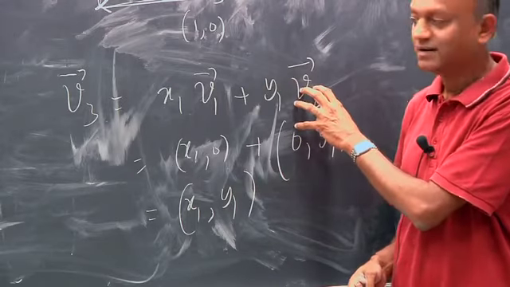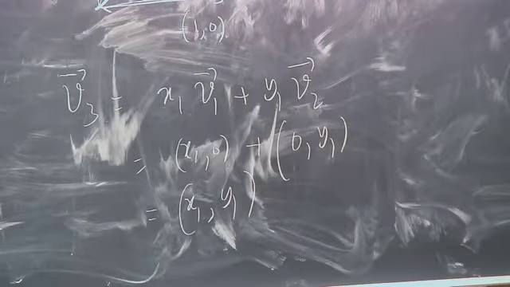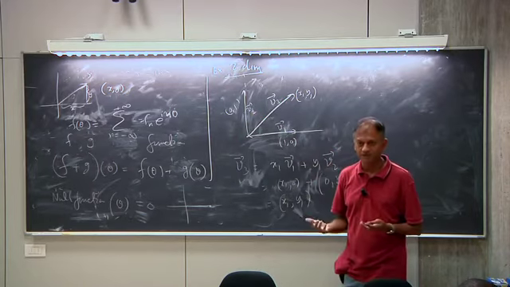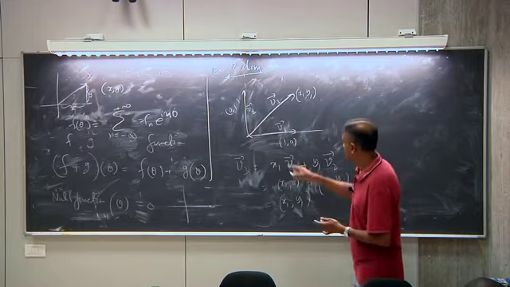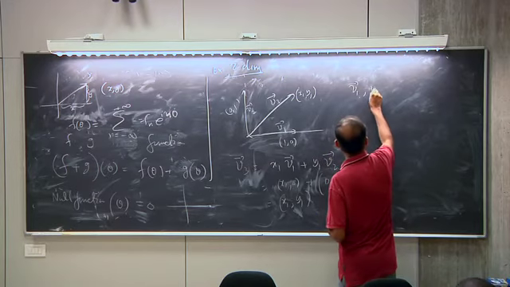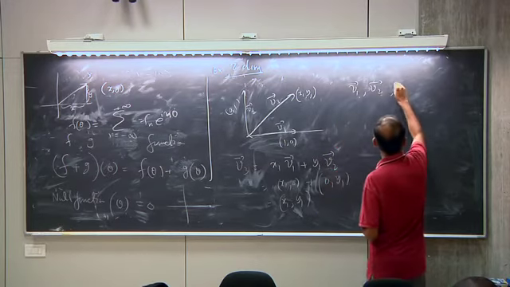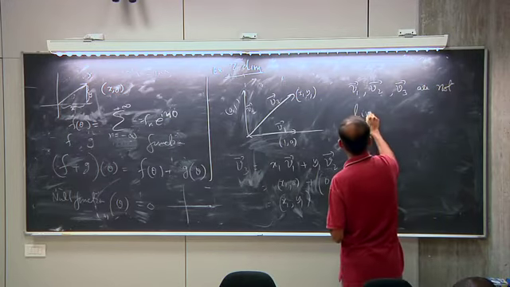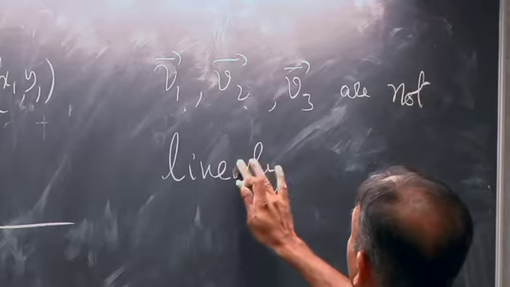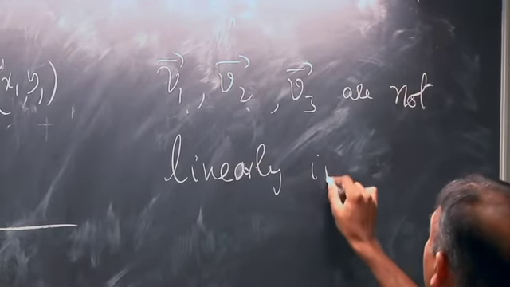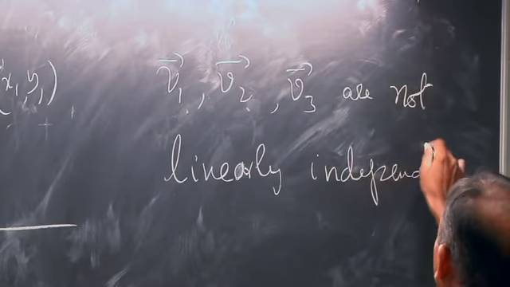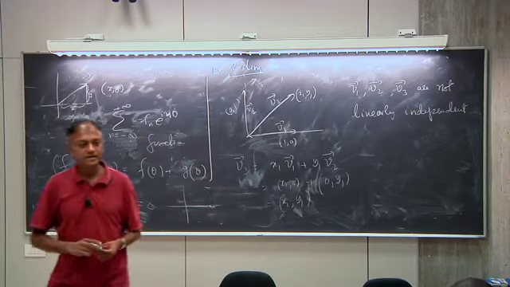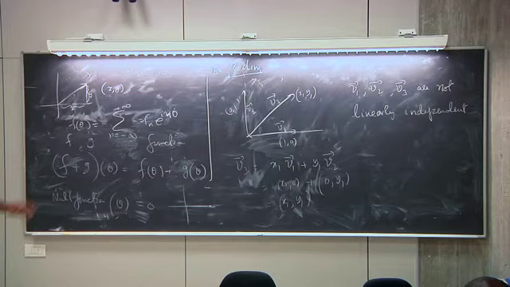So when such a thing happens, then you say that these three vectors, v1, v2 and v3, are not linearly independent of each other. That is the definition of linear independence, or this is an example of it.